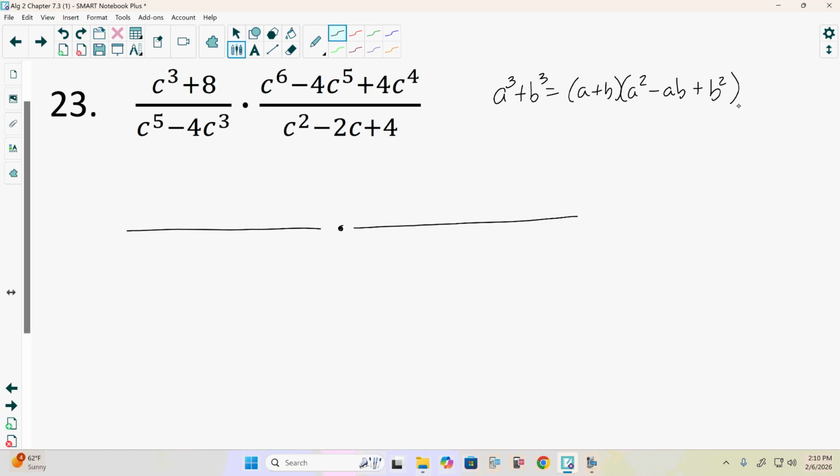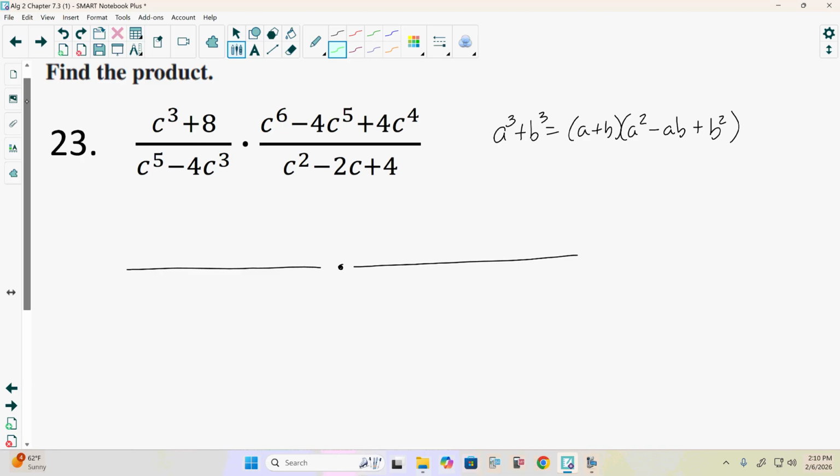And for us here on top, we would need to see what a and b are. A and b are the terms or numbers that times themselves 3 times give us c cubed and 8. For c cubed, it would be c, because c times itself 3 times is c cubed, and 2 times itself 3 times is 8.